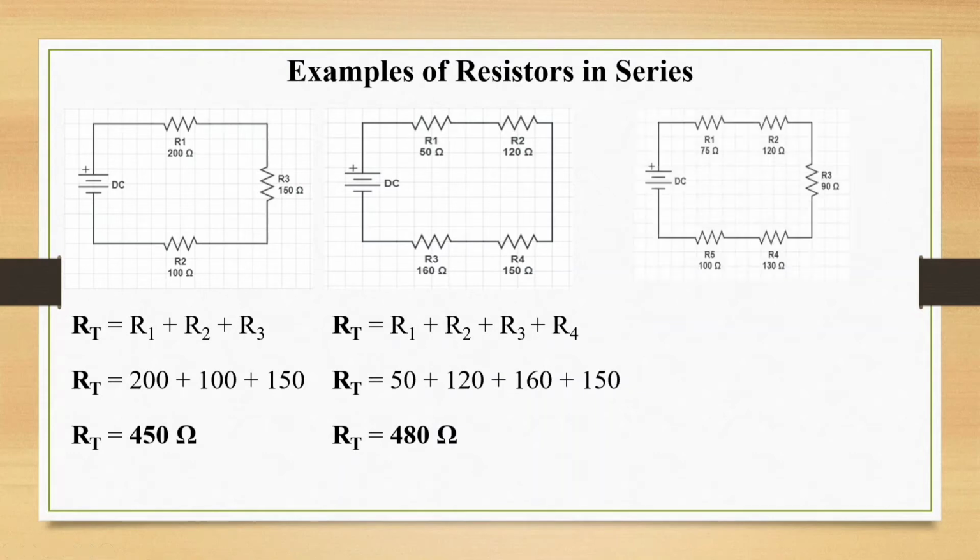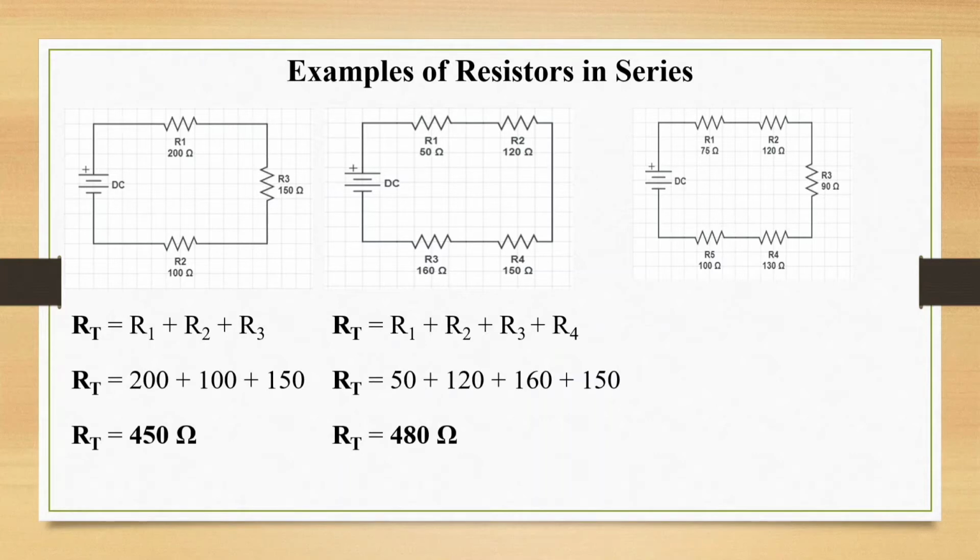Let's have another example. We have here five resistors connected in series. R1 is 75 ohms, R2 is 120 ohms, R3 is 90 ohms, R4 is 130 ohms, and R5 is 100 ohms.